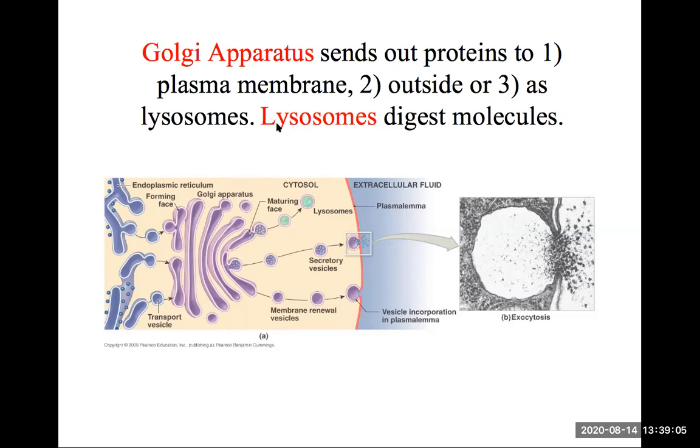This is referring to breaking things down. So if something lyses, it breaks down stuff. Okay, so this lysosome is filled with nasty little proteins that can break bonds. So you might use this to kill a bacteria, for example. And so those lysosomes are just going to float around inside the cytosol until they're needed to break something down.